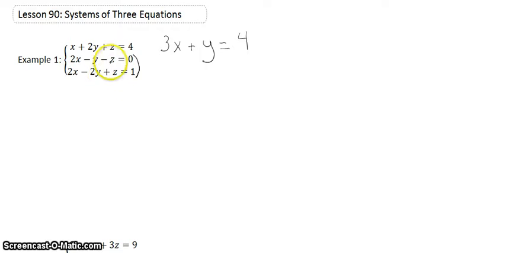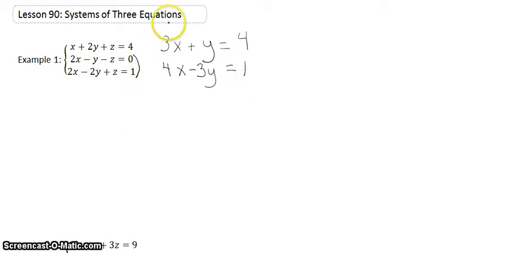And again, I'm going to eliminate the z's. So I'll have 2x plus 2x, so it's going to be 4x. And I'll have a -y plus a -2y, so that'll be a -3y. And then the z's cancel. And then a 0 plus a 1 is just 1.